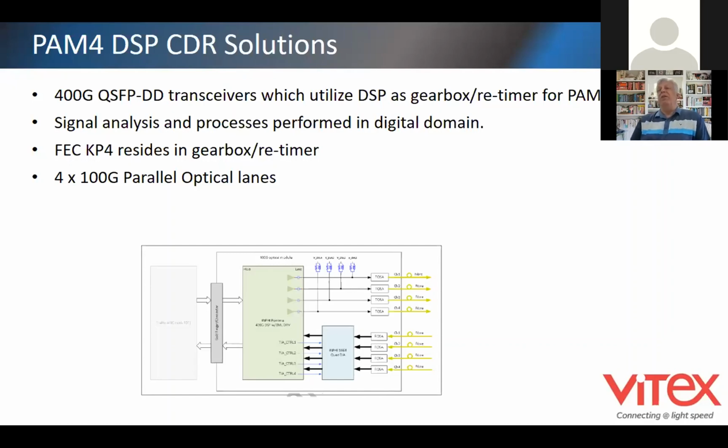So what we're going to do is use this in a breakout consideration. We're going to use an MPO12 connector to plug it in, and we're going to be able to take those parallel optical signals and send them out to 4 individual single lambda 100 gig transceivers.